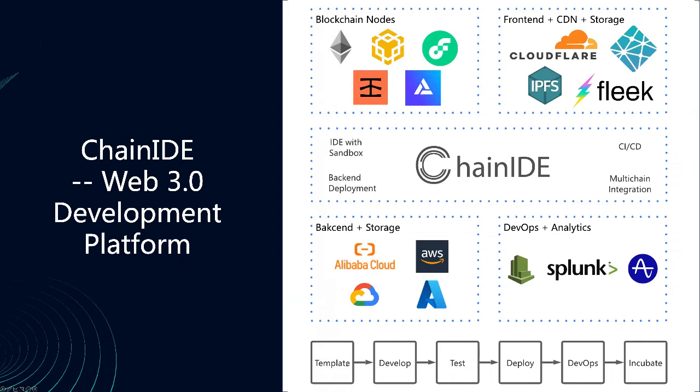From templating to development, then testing, deploy, DevOps, and incubate. All these steps are on the ChainID platform without going to other places. So the ideal situation is all your development activities can happen in ChainID, including development, testing, DevOps, and maintenance.